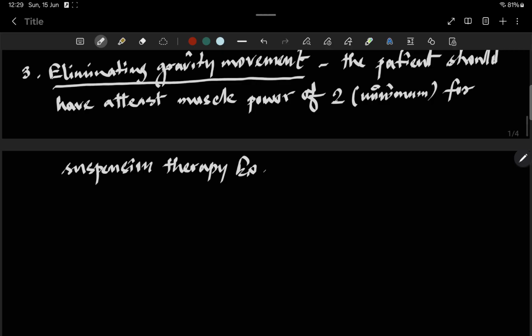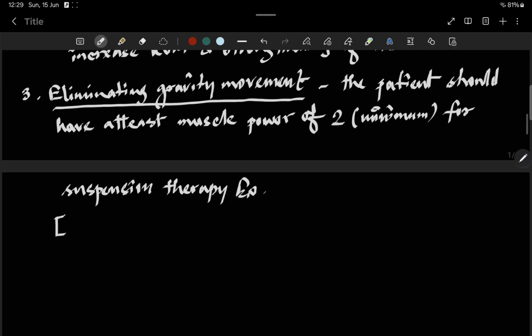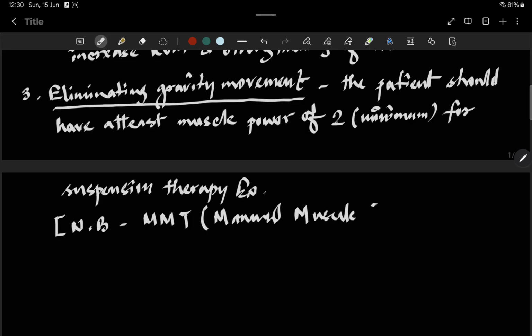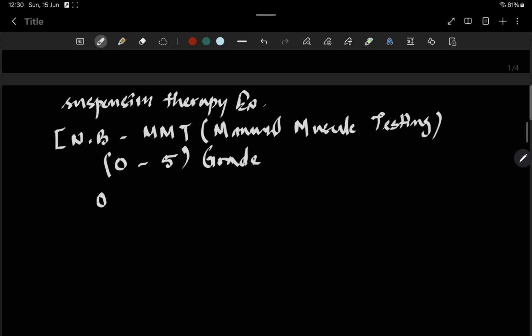Minimum the patient should have the muscle power of 2. The muscle power is measured by the MMT, or manual muscle testing, where 0 to 5 grades are there.